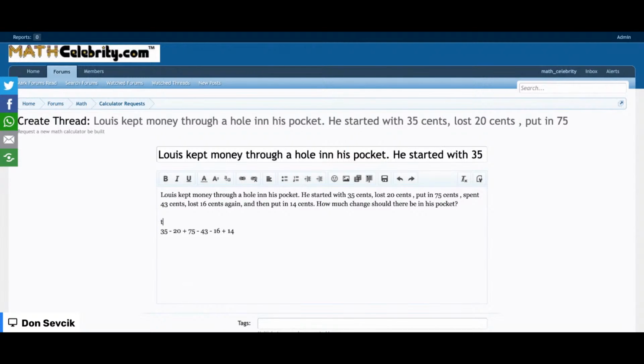So the phrases, and I want to lay this out. The phrases put in, we add money to the total. The phrases spent or lost, we subtract.